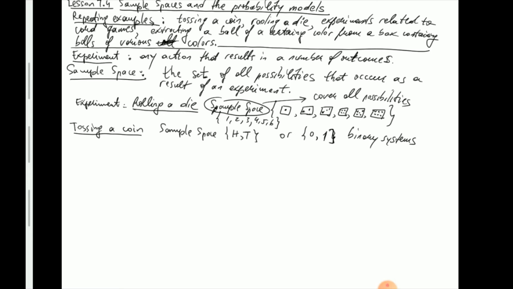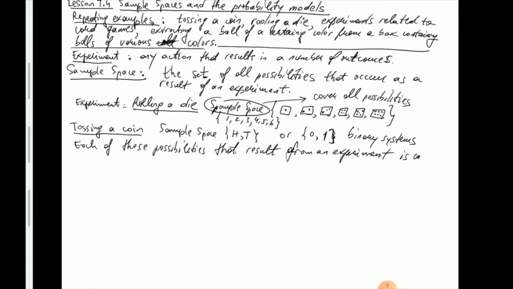And another definition, just to make it clear: each of these possibilities that result from an experiment is called an outcome.